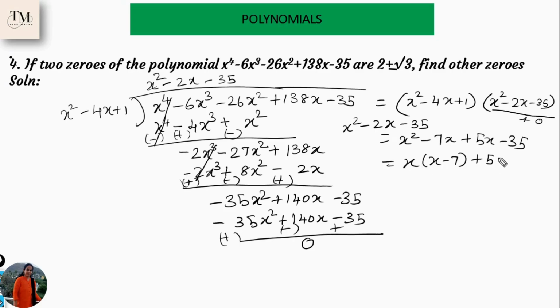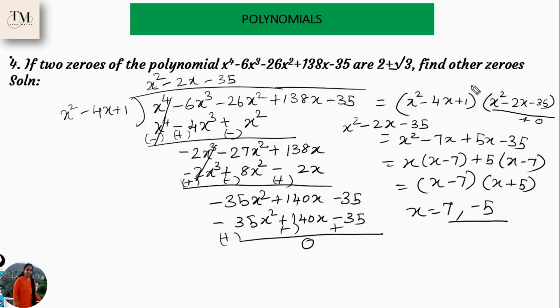Here plus 5 is taken outside, x minus 7. So x minus 7 is taken outside, and the remaining terms will be x plus 5. If I equate to 0, then the roots will be 7 and minus 5. So these are the other zeros of the given polynomial. Okay, can you understand? Okay, so let me go to the next problem.